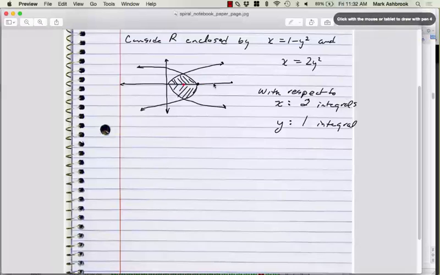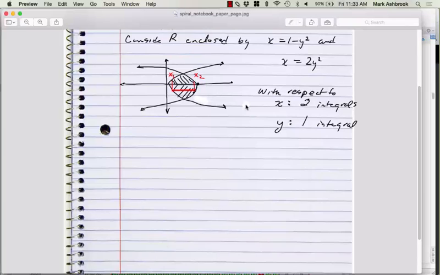A similar lesson. Your typical strip would be this here. That's 1 minus y squared, and it would be x2. So what, 1 minus 3y squared? Is it going to be more convenient to do it in x or y?